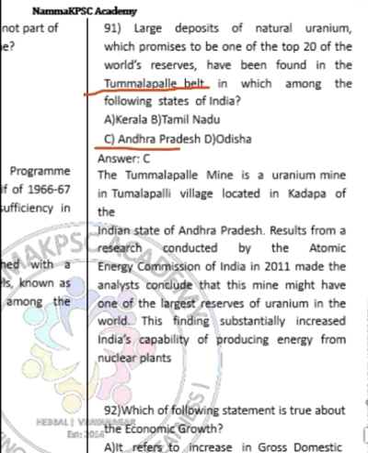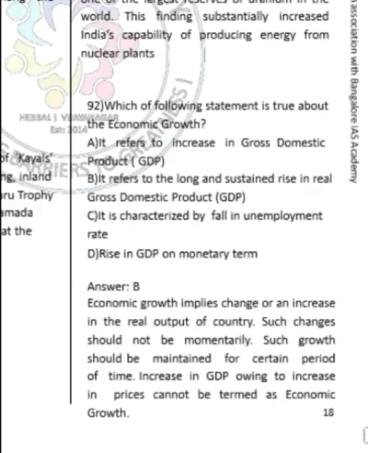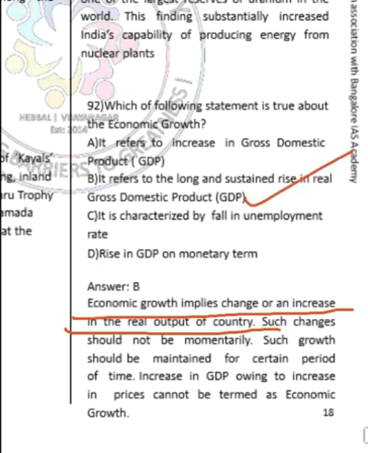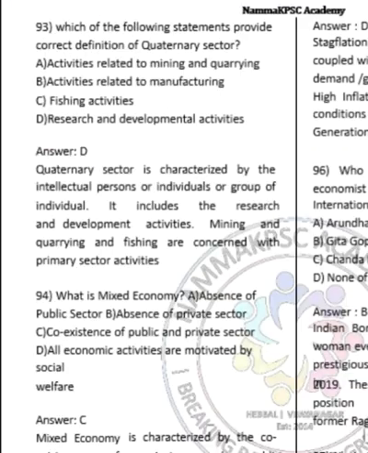Answer is option C, Andhra Pradesh. Question number 92, it says, which of the following statements is true about economic growth? So economic growth implies change or increase in the real output of the country. When you go through the options, option B provides this definition. Hence, option B is the correct statement regarding economic growth.